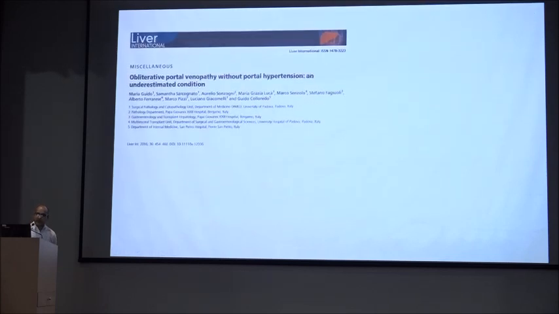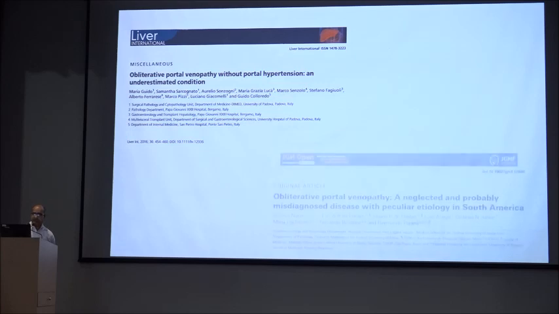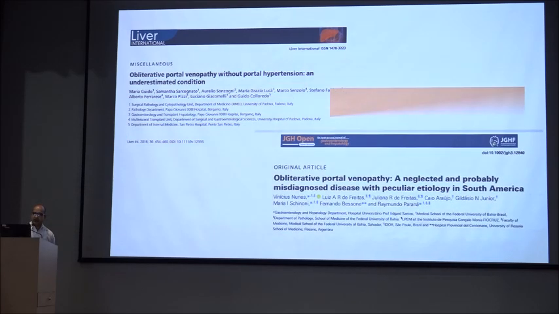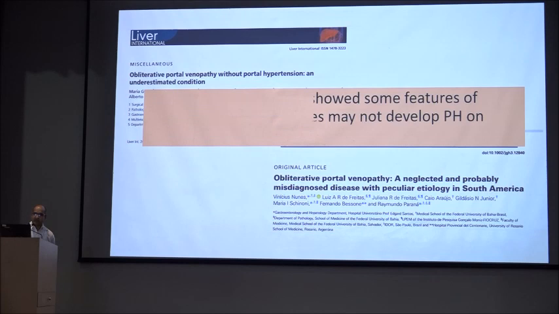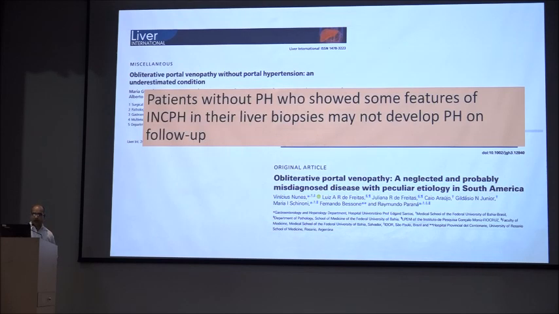Apart from this, there were some studies which highlighted that the similar kind of picture can be seen without any progression to portal hypertension in follow-up. So those patients showing the features of NCPF or PSVD may not develop portal hypertension, and they may not have portal hypertension initially.